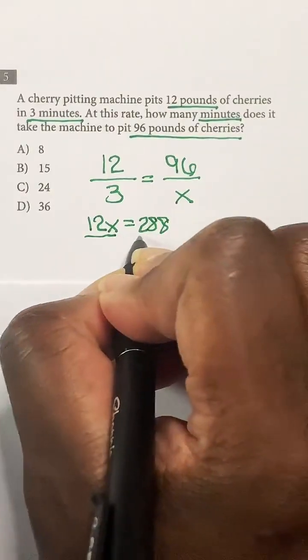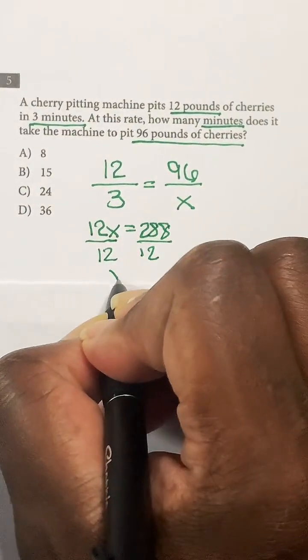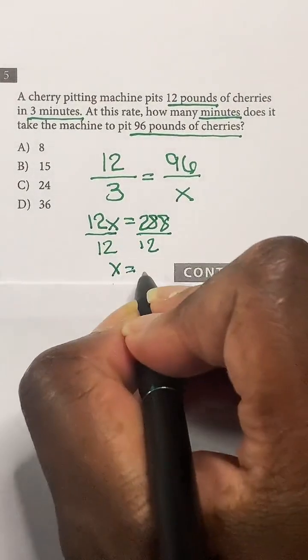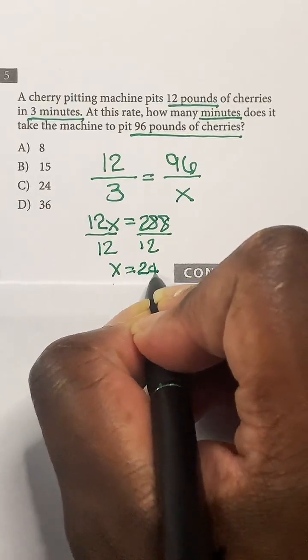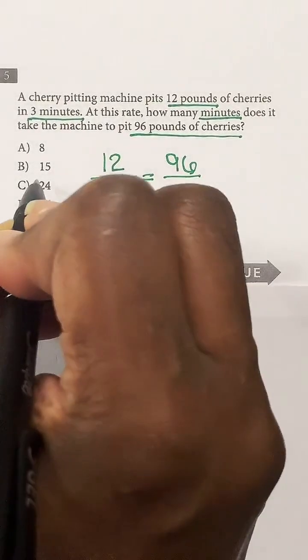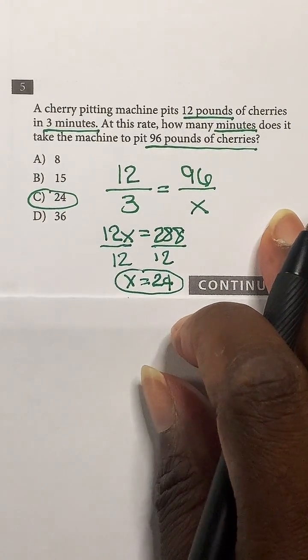Then I would divide both sides by 12, and your x is going to equal 24. That's one way of doing it, but my answer is going to be a solid C.